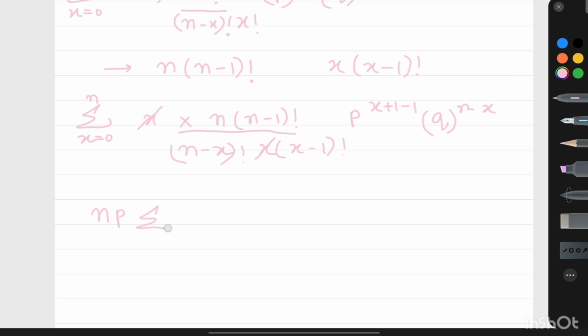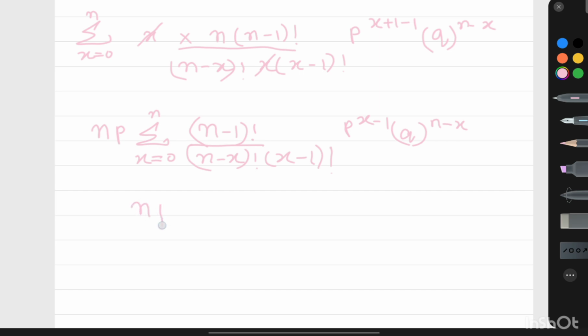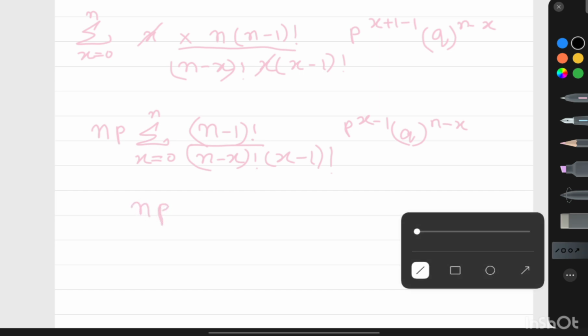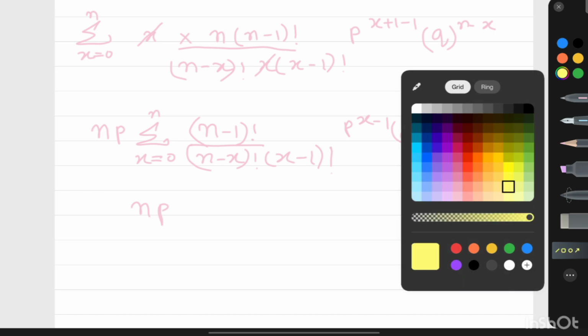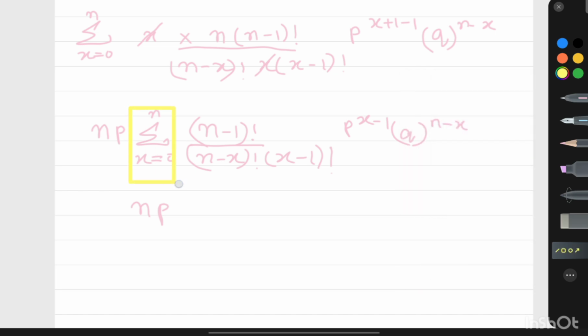Now if we see inside, we are left with (n minus 1) factorial on top, and (n minus x) factorial at the bottom, and (x minus 1) factorial. So you don't need to remember it, but let me tell you. Like I wrote n, I wrote p, this entire term, if you see this term, you can write it as (p plus q) power (n minus 1).